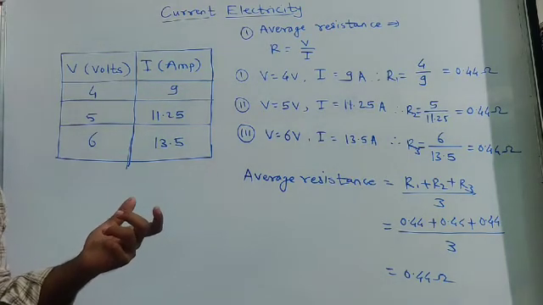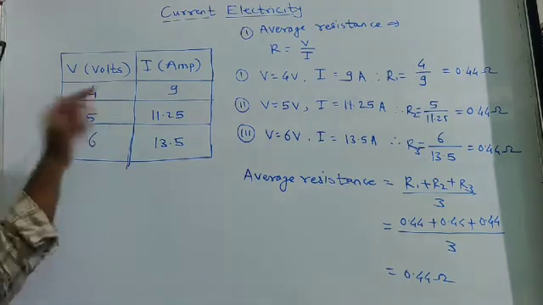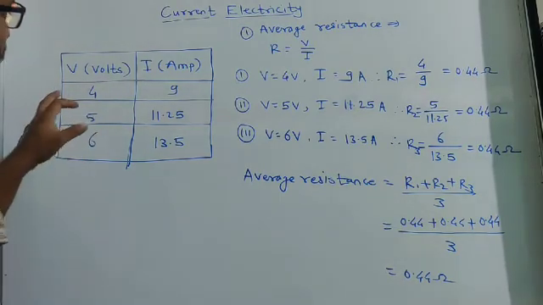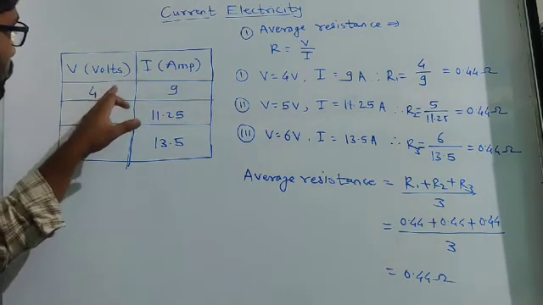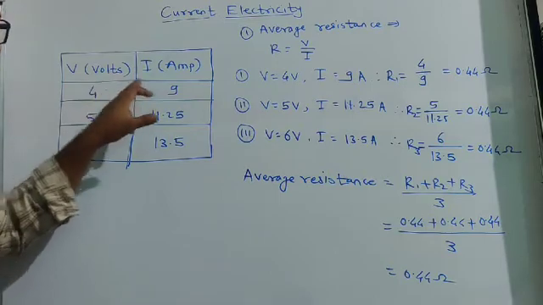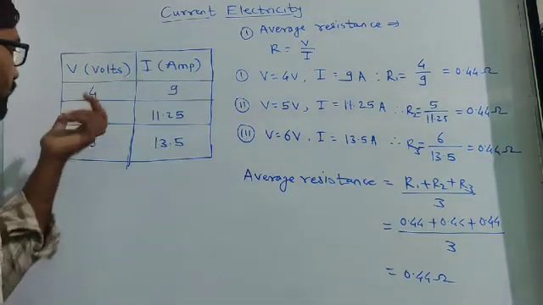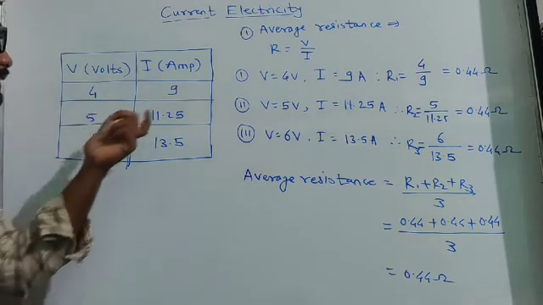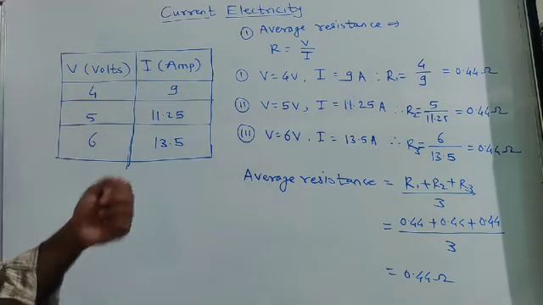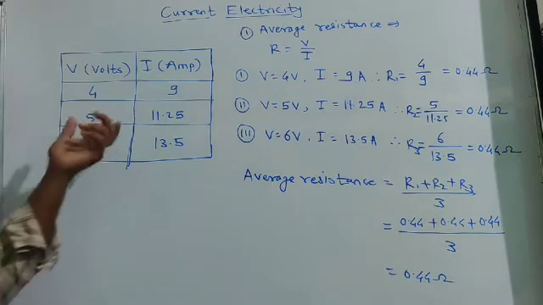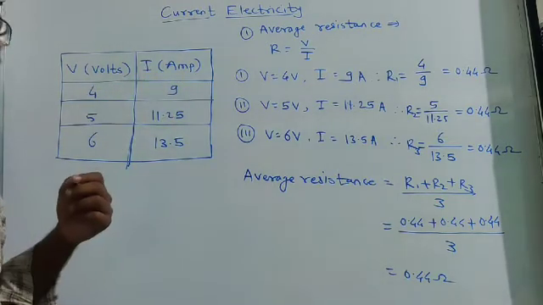According to that we have to find out the resistance. First of all we have to find the resistance at 4 volt and 9 ampere. Then when voltage is 5 volt and current is 11.25, how much is the resistance of that circuit?